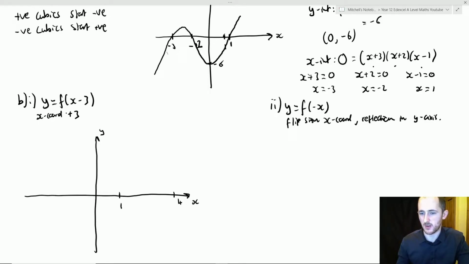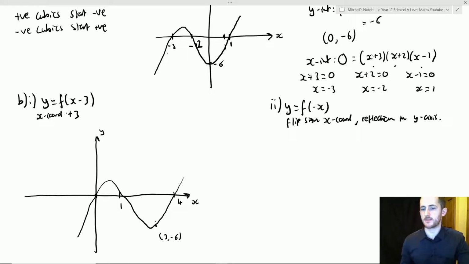I've made this quite long. And that one's going to be 0. Okay. Now what you can do is put the minus 6 on there too, I should say. So instead of being 0, minus 6, it's actually going to be 3, minus 6, so somewhere over here. You don't need to do this though. Okay. And basically it's still a positive cubic, so it's going to come up from the bottom.